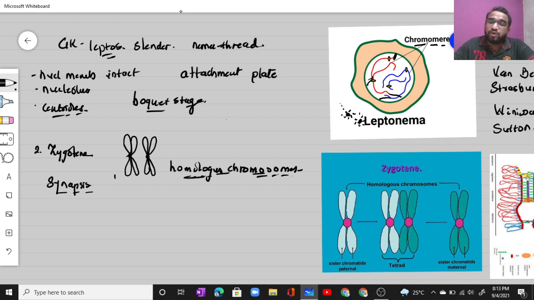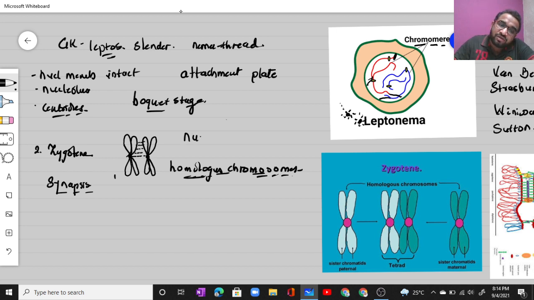So the nuclear membrane is intact. The centrioles are still moving towards the opposite poles, not yet reached. The other organelles are intact. The chromatin threads have condensed, they have formed the homologous chromosomes, and along with this, a nucleoprotein complex is also formed in between these two homologous chromosomes so they can be kept together.